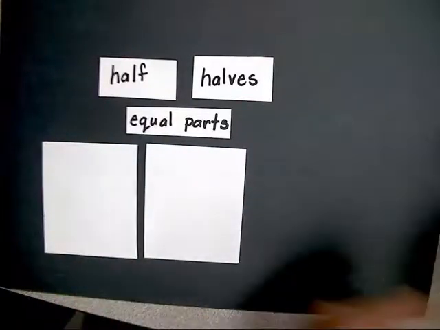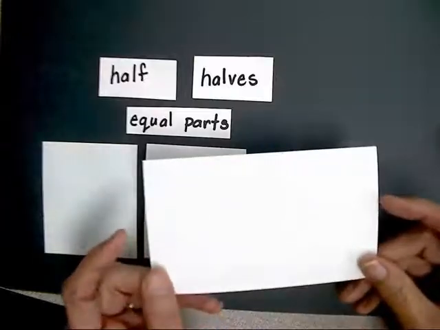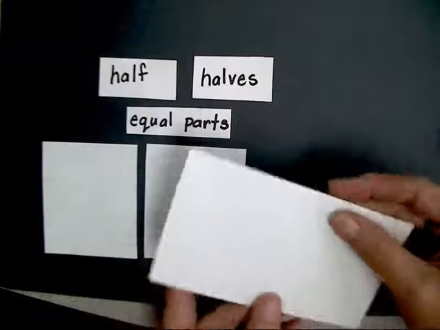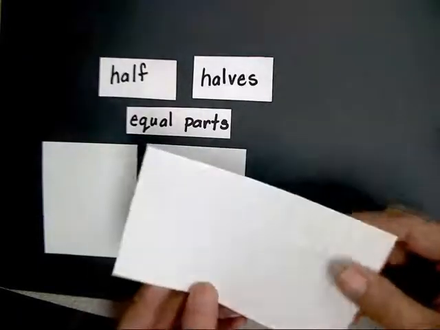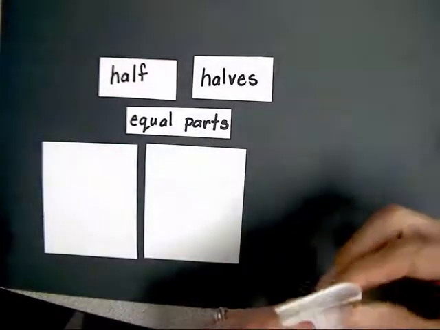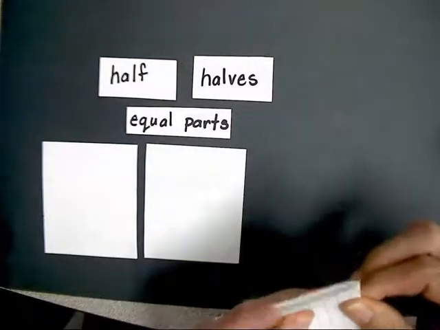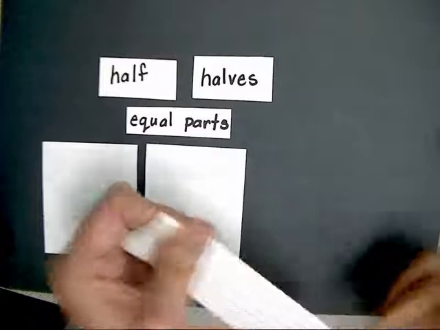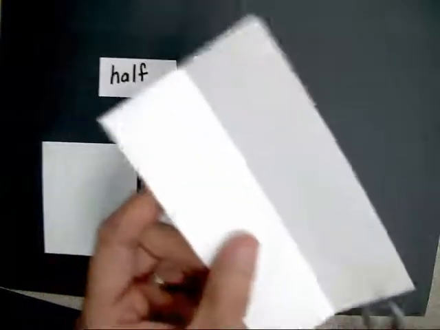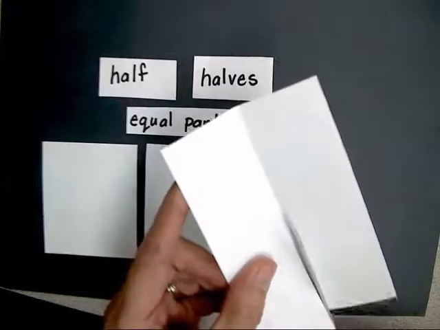Can we partition a sheet cake a different way? Instead of folding it this way, I think I'm going to fold it long ways, almost kind of like a hot dog. So I'm going to cut here on my fold.